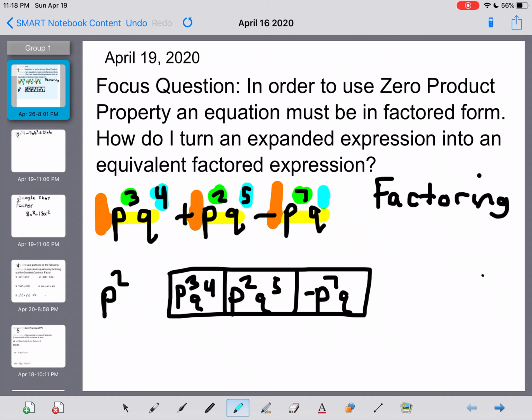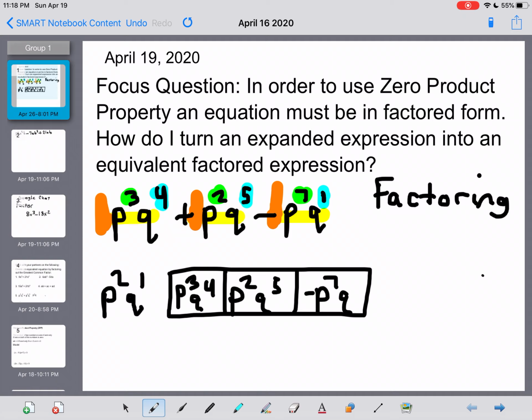So 1 is the largest number that they have in common. So I am going to be able to divide out q. I could put q to the first power. I will. It's easier to see it that way.